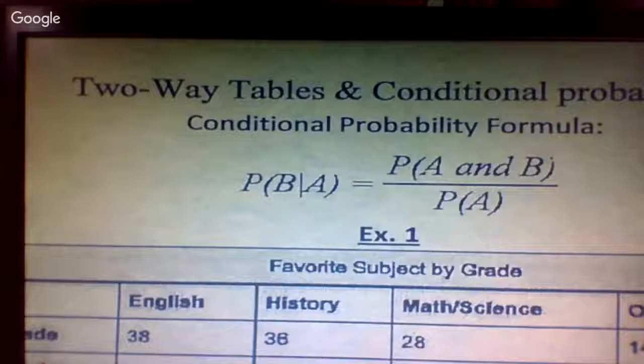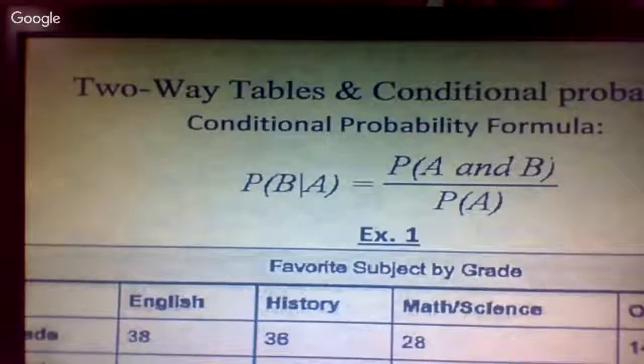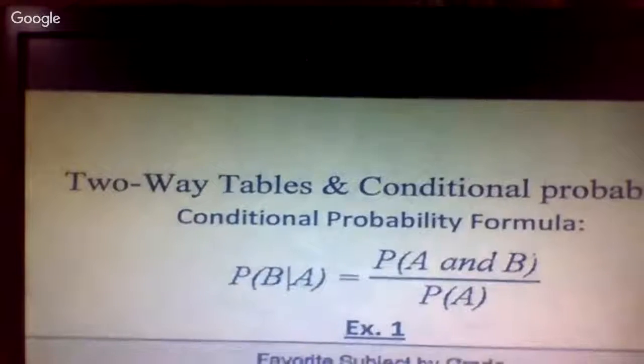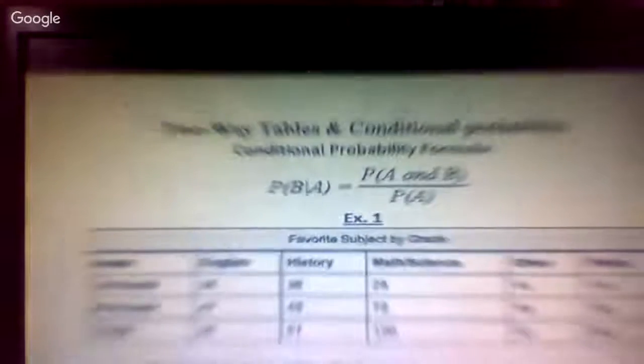Hurry up because I'm going to keep continuing. Can I see what we can do?